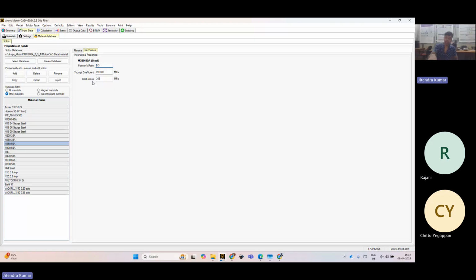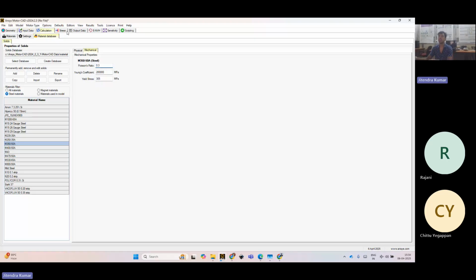Okay, and its limit for M350 is how much? 305 MPa. And with the help of simulation or FEA, how much stress are we getting? 1 MPa. So it is much below the limit. So we do not need to worry about rotor stress here at all for this particular speed.